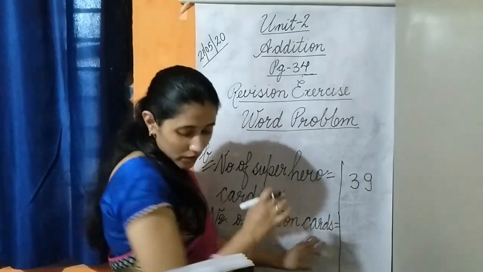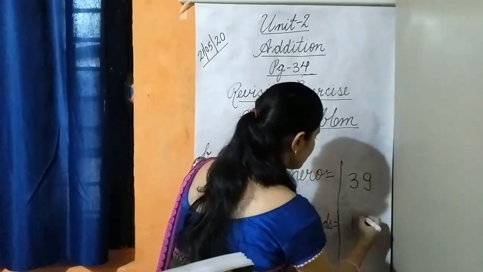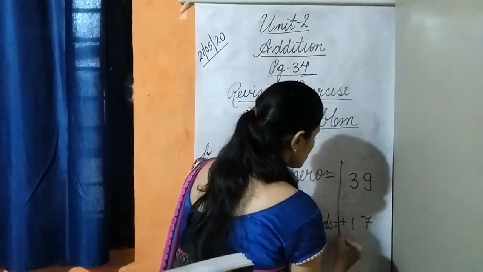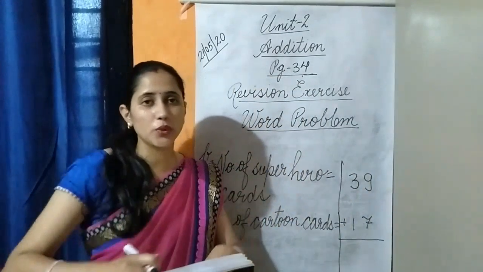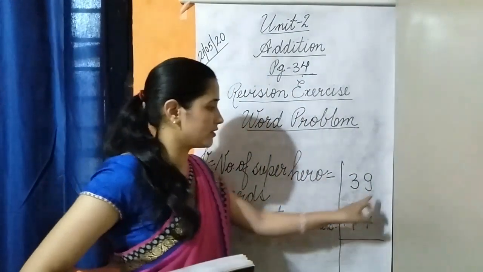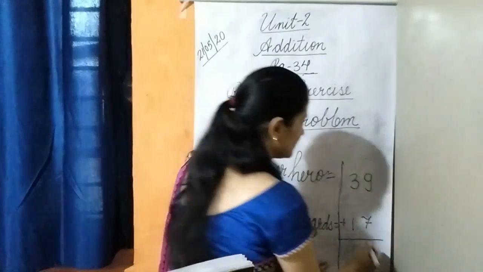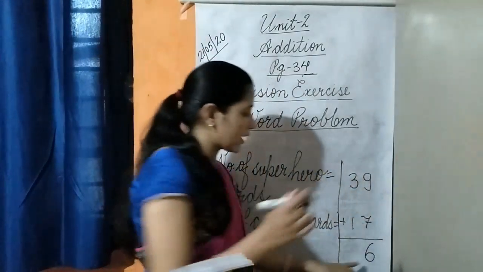Number of cartoon cards is 17. So to find out the cards all together, we have to do addition here. 9 plus 7, 16. That is, 6 we are going to write here.